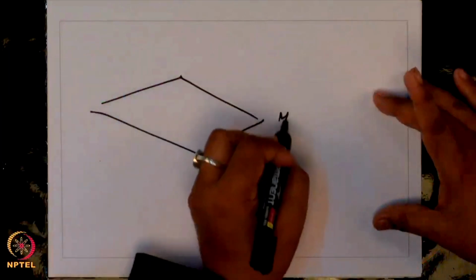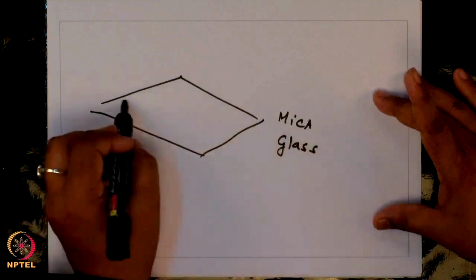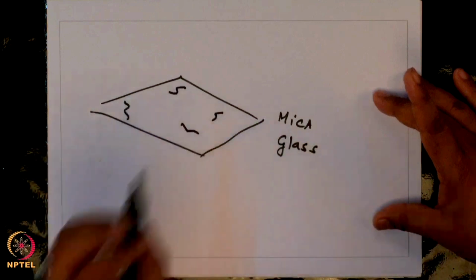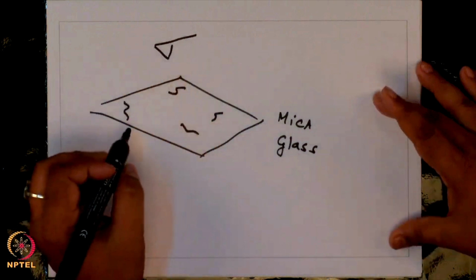So, one more thing I had mentioned in last lecture was when you want to study protein unfolding, you have a substrate, this substrate might be mica or glass, okay, and you have, let us say, these protein molecules passively adsorbed onto the surface.